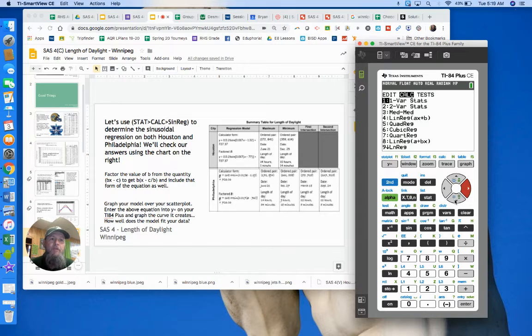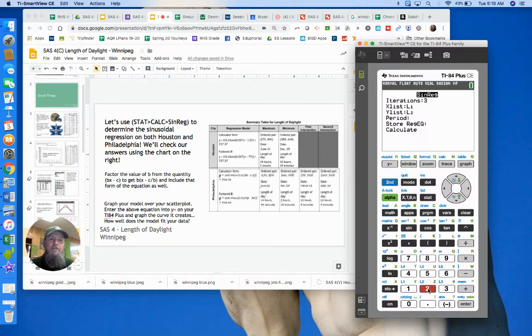Then I'm going to scroll down until I find sine regression, right below logistic. It's going to ask what you want to use. I want to do Houston, and Houston's in L1 and L2. The way you change this to whatever you want is to hit second, and look down here for the L functions.